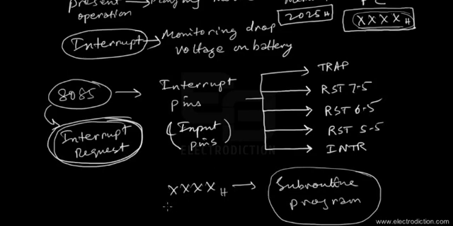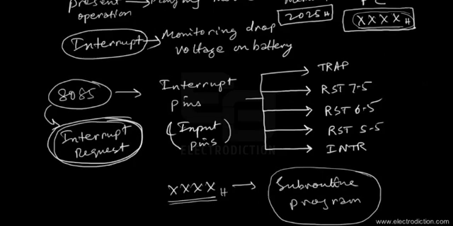So XXXXH is the memory location from where this subroutine program starts. Or there might be some other function that the 8085 would perform under this kind of interrupt request. That depends upon the designer.